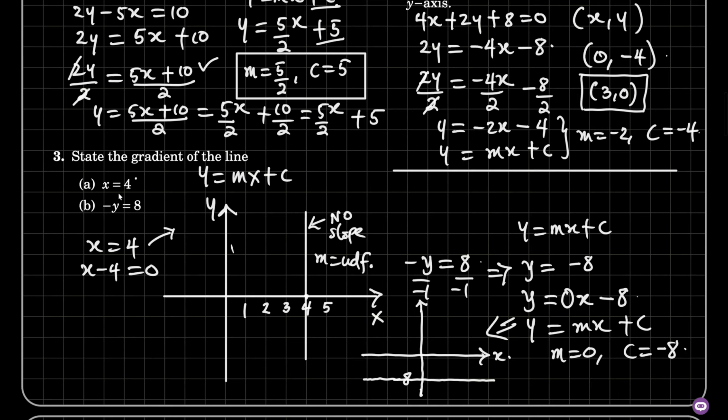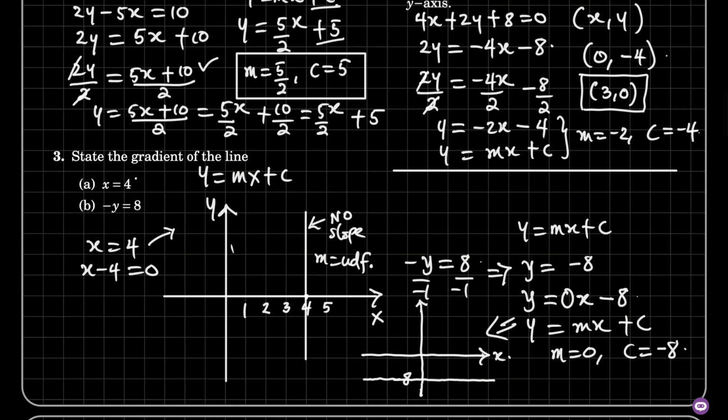So all you just have to understand there is you have a vertical line that goes through the x-axis, which means that that line is not going to have a slope based on what we've said previously. And for minus y is equal to 8, minus y is equal to 8 is basically the same as saying y is equal to minus 8.